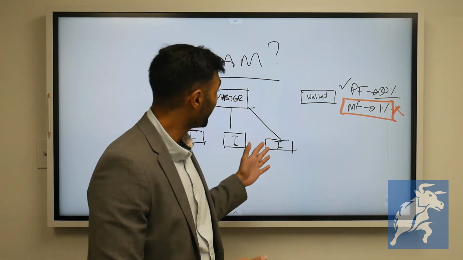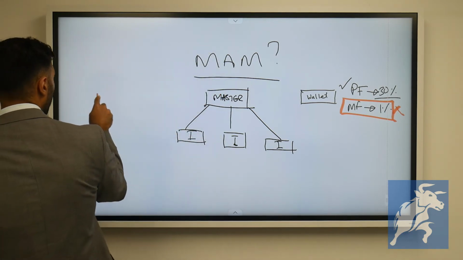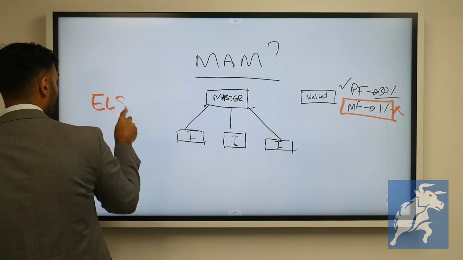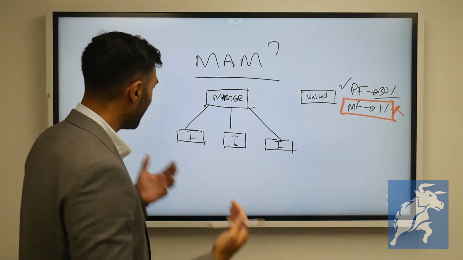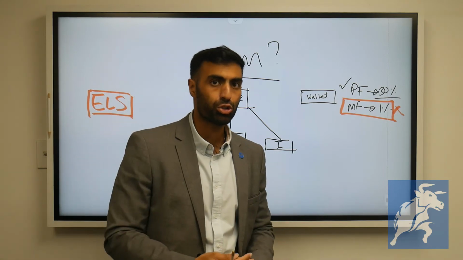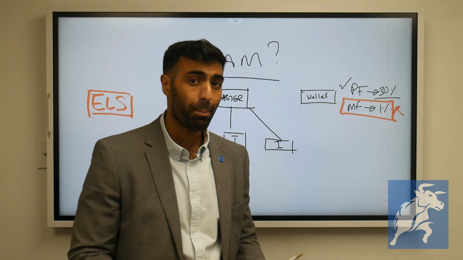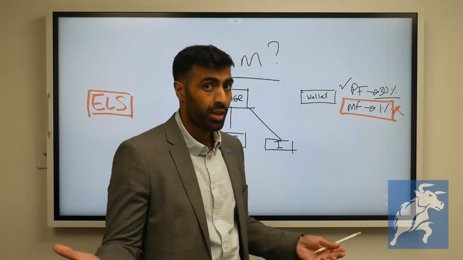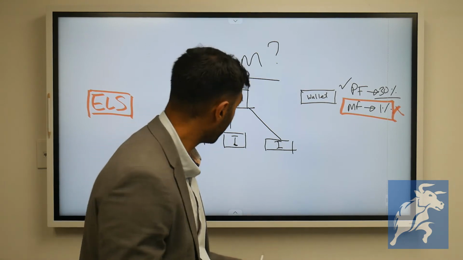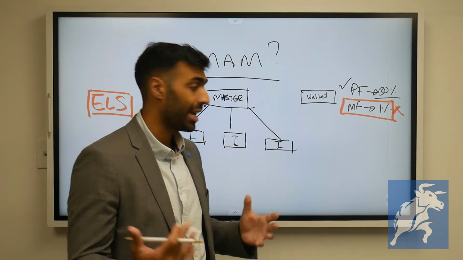Now, one thing to note about the way our MAM accounts are set up is we use something called an ELS allocation method. This is the most important thing to note because it really determines how you should structure your investors who are attached to your MAM account and what balances they should really have to get equivalent performance across the investor base account. So ELS means equity lot allocation, essentially.